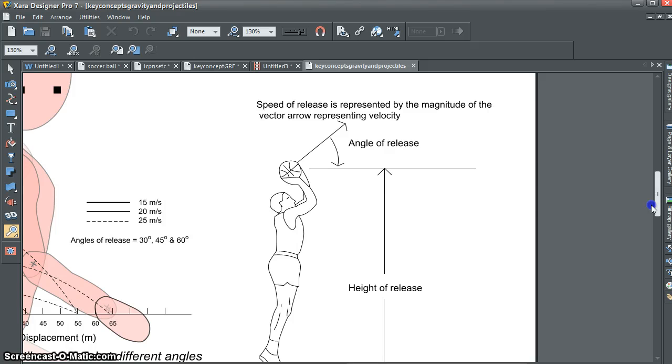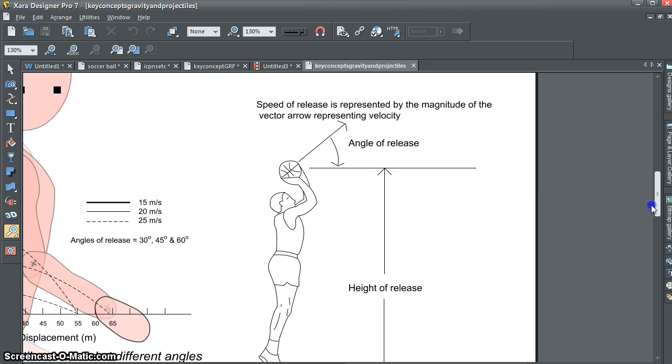A general rule to follow is where an object lands at a lower height than it's released, then the optimal angle will be something less than 45 degrees. This is the case for sports such as long jump.